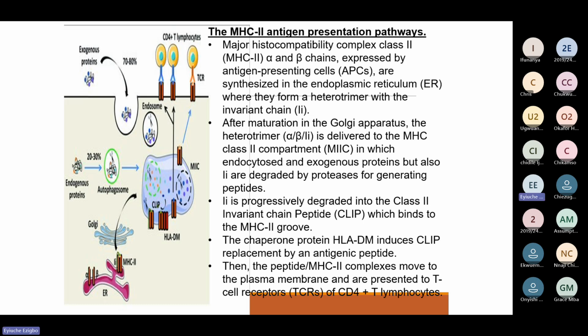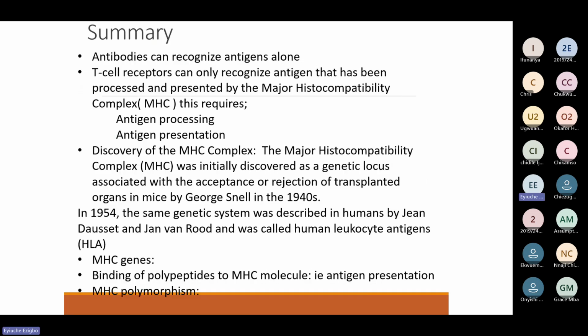So you must be able to recognize the cells that express MHC class 1 molecules and the cells that express MHC class 2 molecules. The classical view: what antigen does the MHC class 1 molecule process and present?